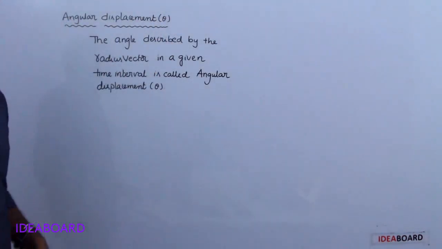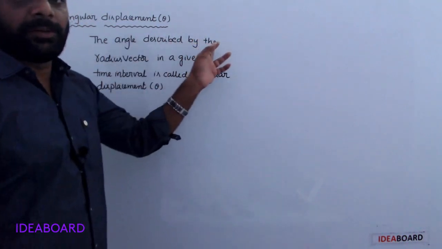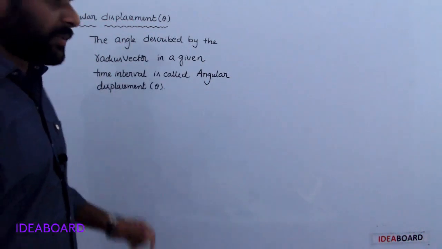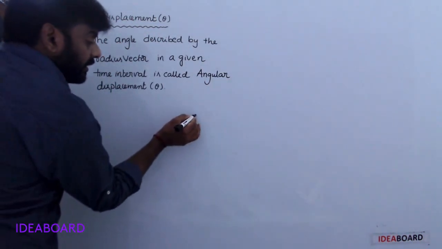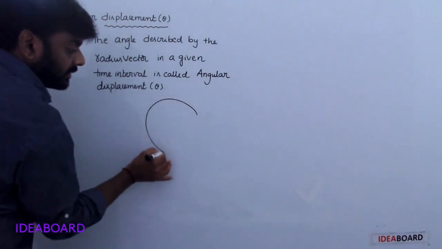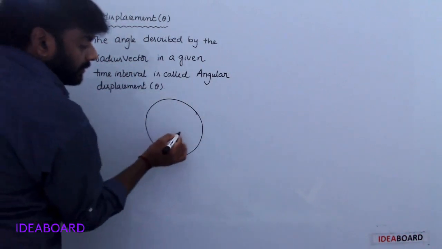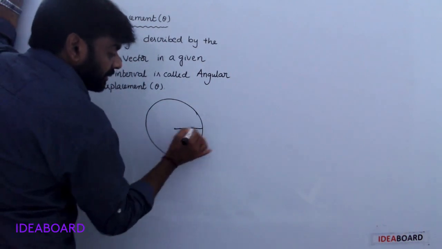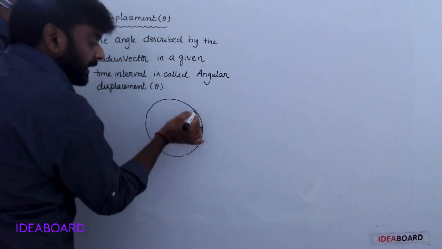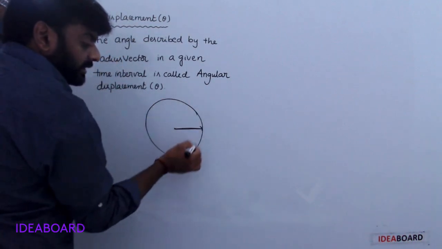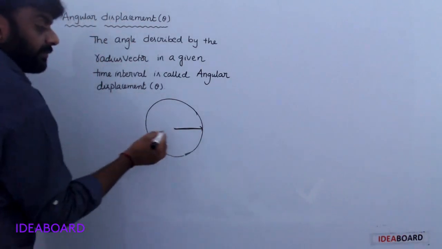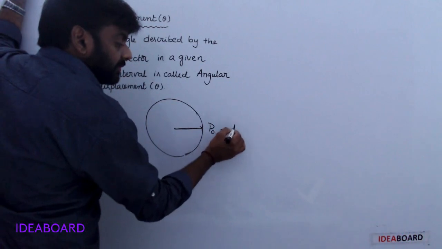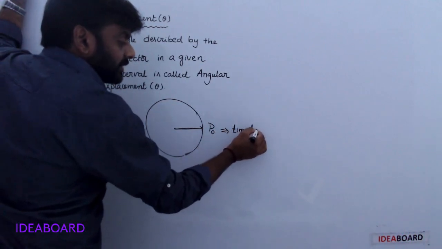So next, angular displacement. The angle described by the radius vector in a given time interval is called angular displacement. See here, a circle, this is the center. The initial position of the particle is this one. If the particle rotates in a circular path, this is its initial position at time t equal to 0.